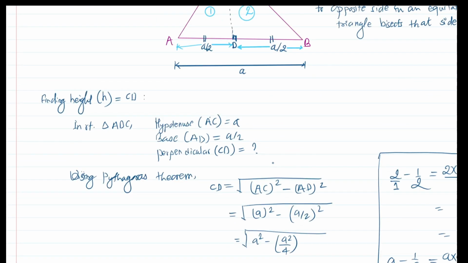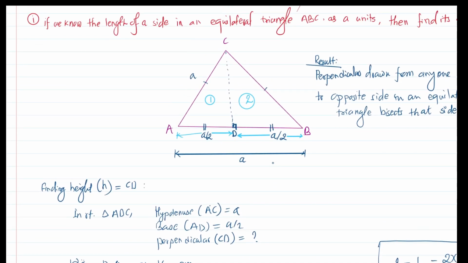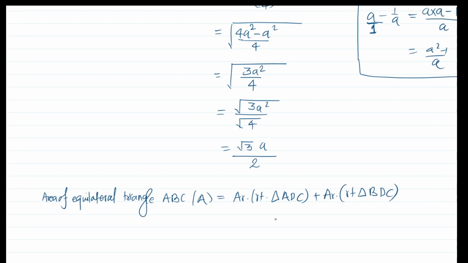There are two right angle triangles. They are ADC and BDC. Area of right angle triangle ADC plus area of right angle triangle BDC, right?